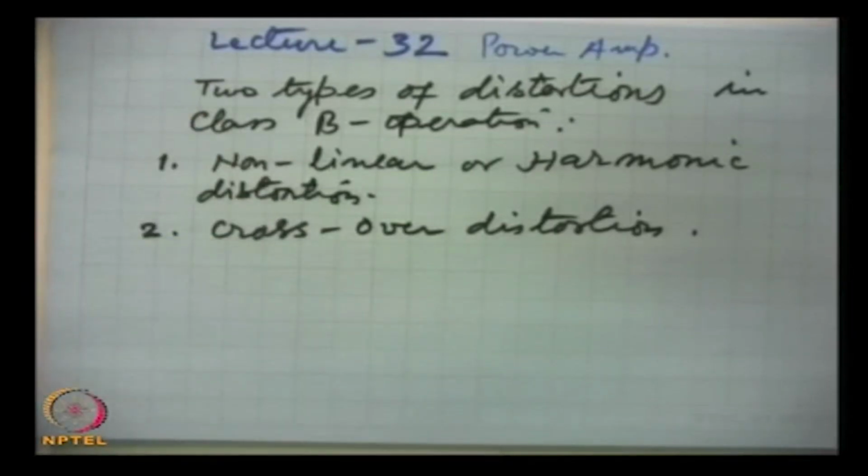For example, in the first one, the signal frequency as well as its harmonics: if omega is the angular frequency of the input signal, then at the output, other than omega, frequencies like 2 omega, 3 omega, 4 omega, the harmonics will also be present. They are distortions, and many applications will not accept this distortion.